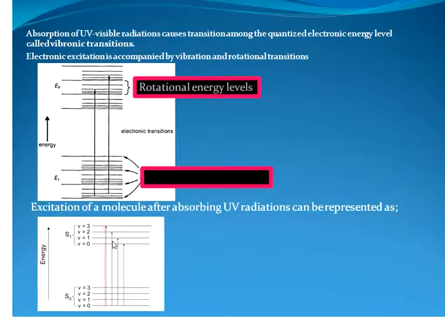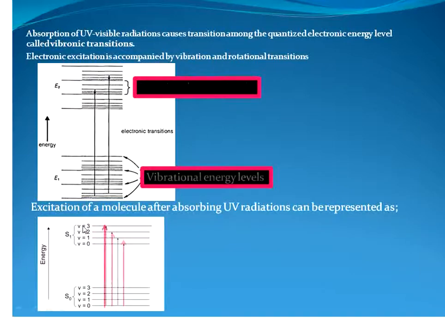So we can represent the excitation by using those arrows. Here S0 means ground state, and in the ground state we have the vibrational energy levels and also rotational energy levels. So they're moving from here up to a higher excited state.